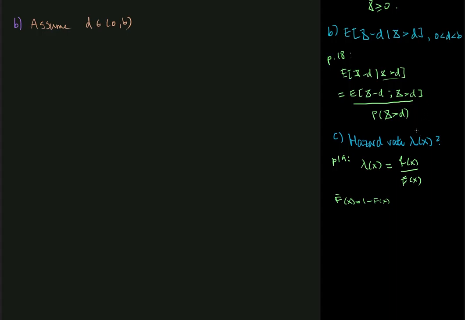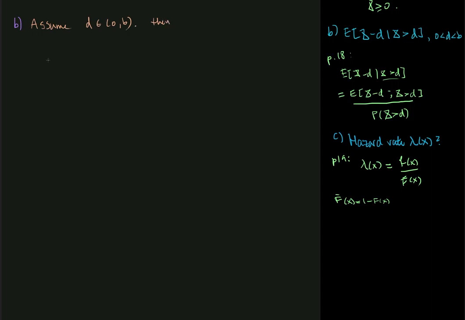But no, what I actually want to say here is that we assume d lies between 0 and b, where d stands for, in the non-life insurance case, a deductible. And in this sense, it only makes sense if we assume d is between 0 and b, if we want to find the mean of how much greater x is compared to d. So assume that d lies between 0 and b.